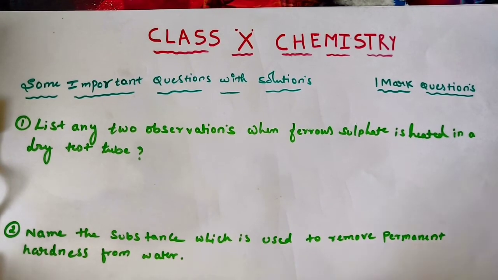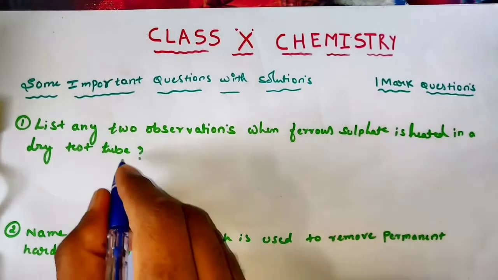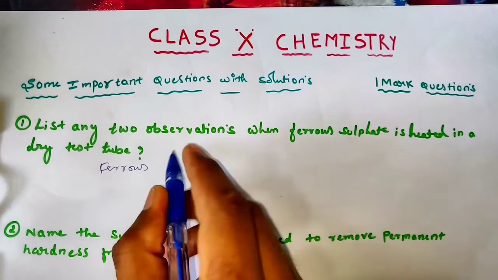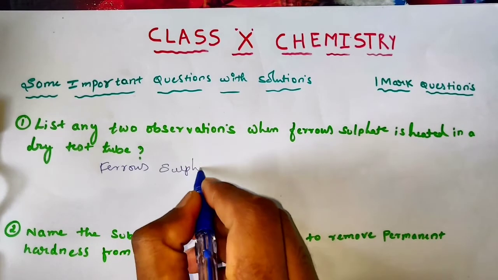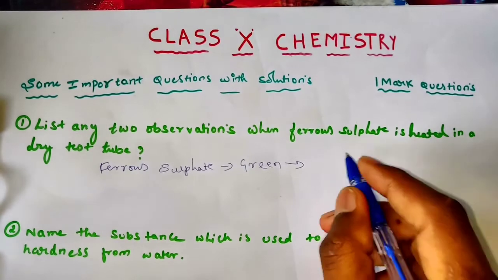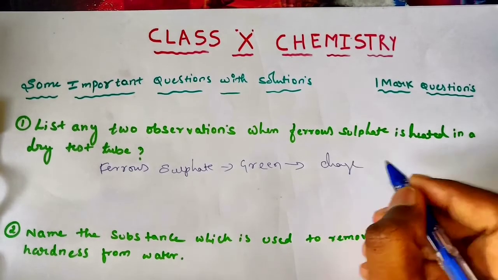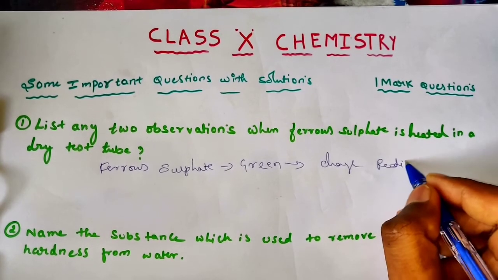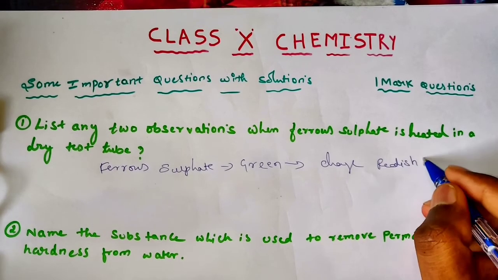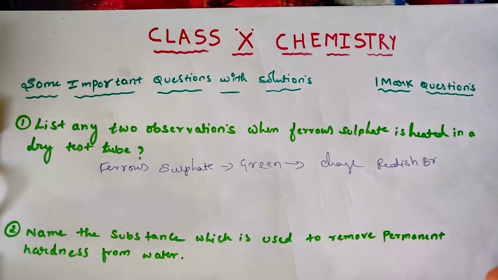During that time, we can observe that the light green colored salt, the actual color of ferrous sulfate, will change into reddish brown due to formation of ferric oxide, sulfur dioxide and sulfur trioxide.